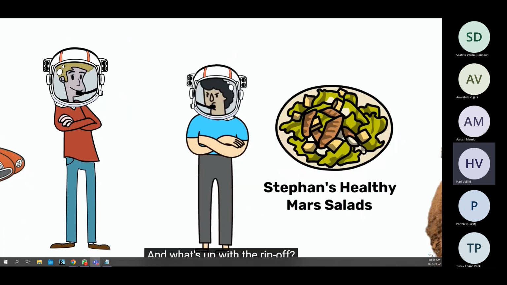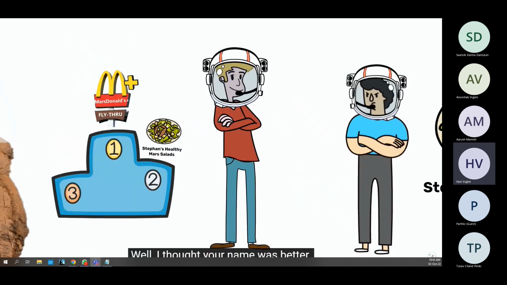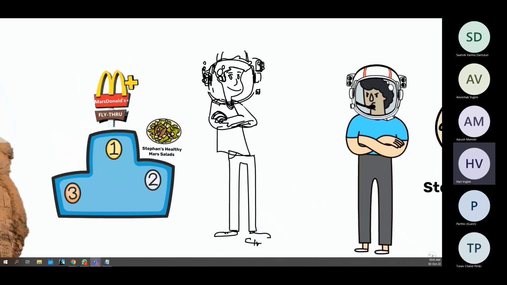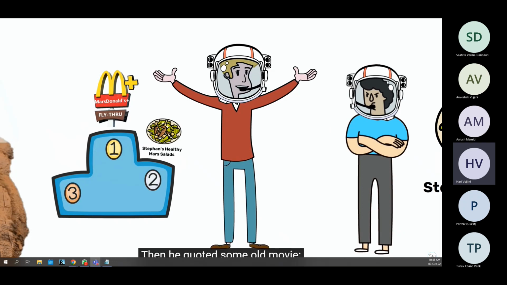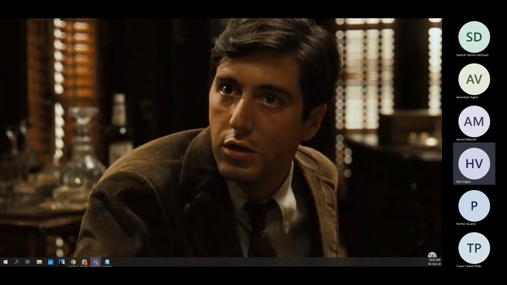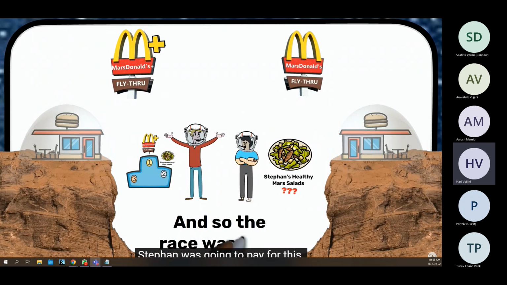"What's up with the rip-off? What happened to Stefan's healthy Mars salads?" "Well, I thought your name was better." "Oh, come on. No one has ever been hurt by a little friendly competition." Then he quoted some old movie. "It's strictly business." Bob was furious. Stefan was going to pay for this.